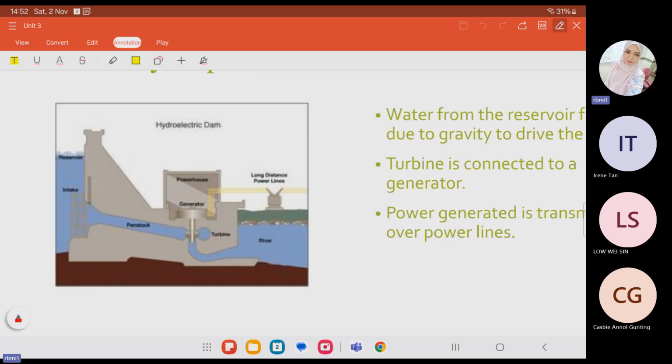At the plant level, the water flows through a pipe known as a penstock, and the penstock spins the blades in a turbine, which in turn spins a generator that ultimately produces electricity. Most conventional hydroelectric facilities operate this way, including run-of-the-river systems and also pumped storage systems.